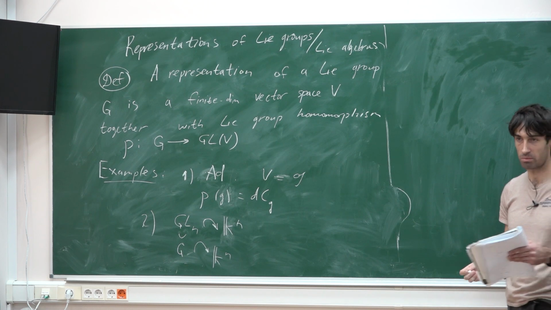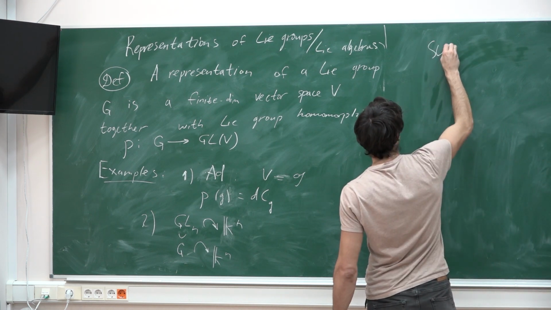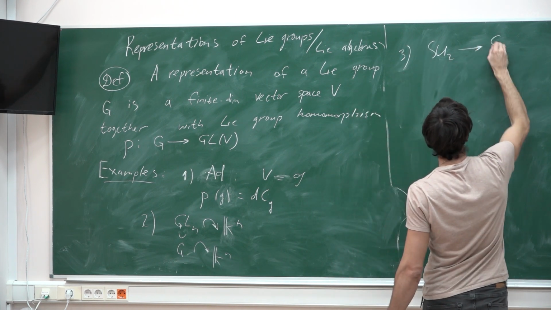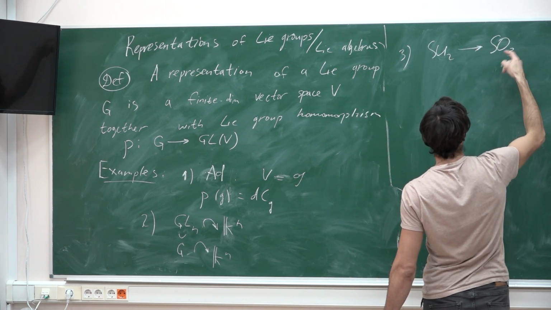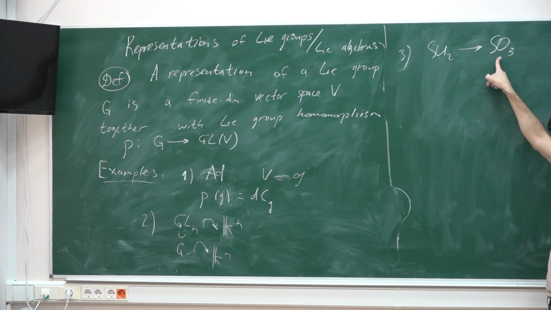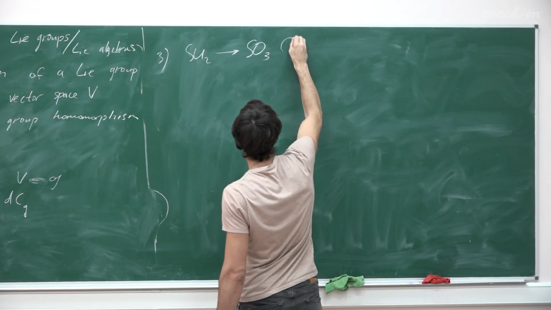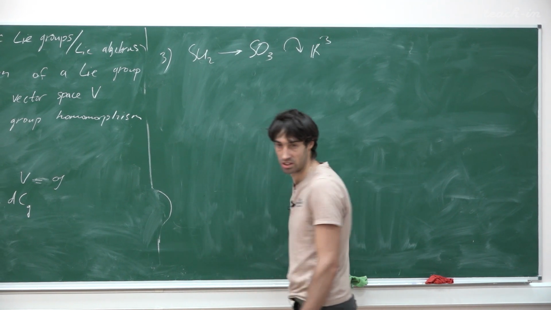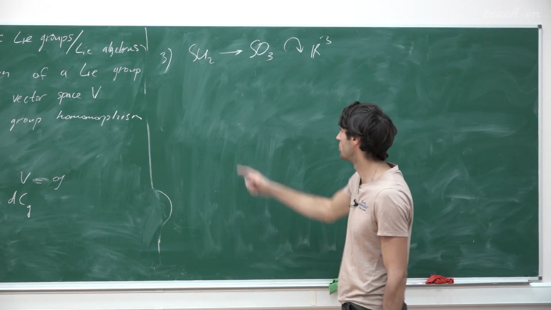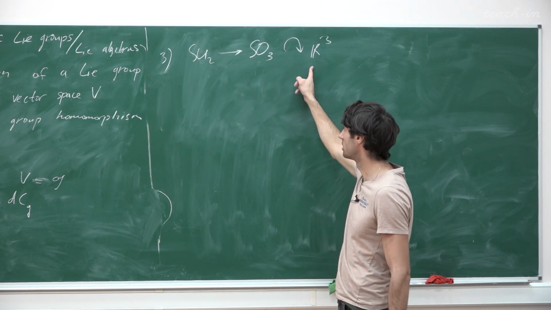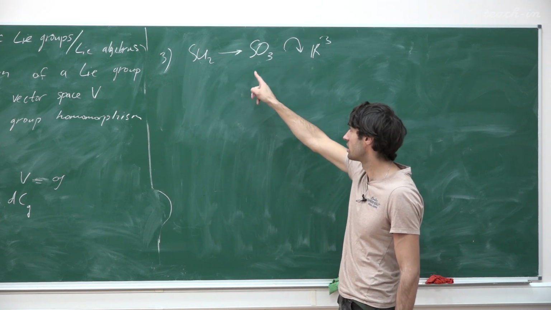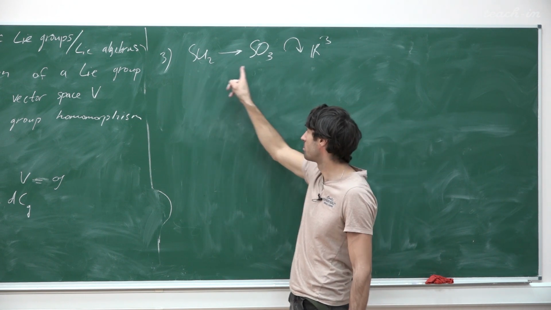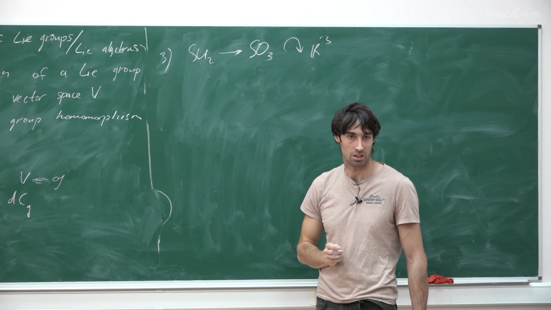But SU(2) is also the universal cover of SO(3), and SO(3) acts on R^3. Therefore SU(2) also acts on R^3, since I send SO(3) to GL_3, and I can compose it with this map to send SU(2) to GL_3 as well.